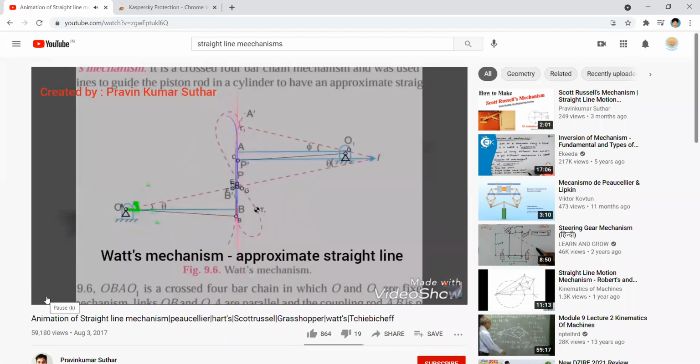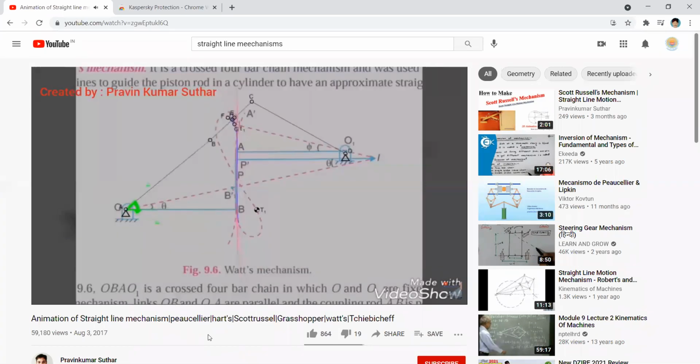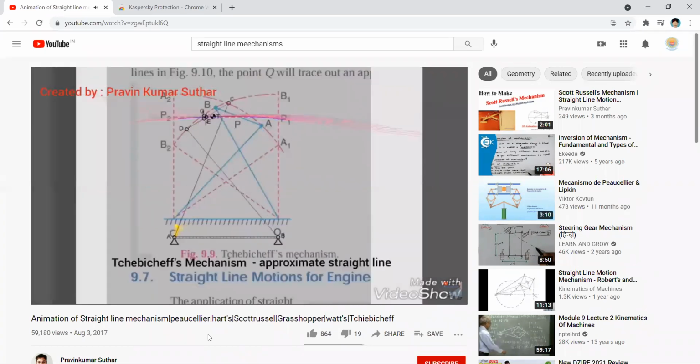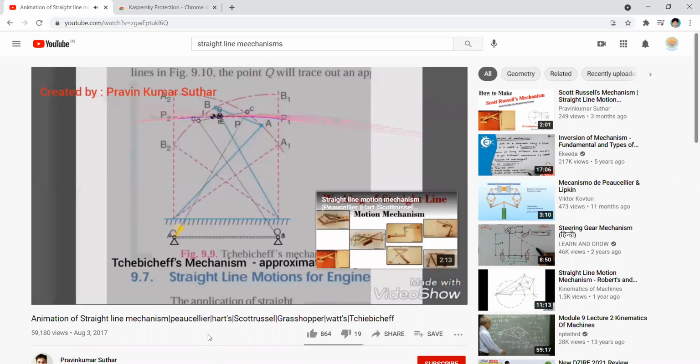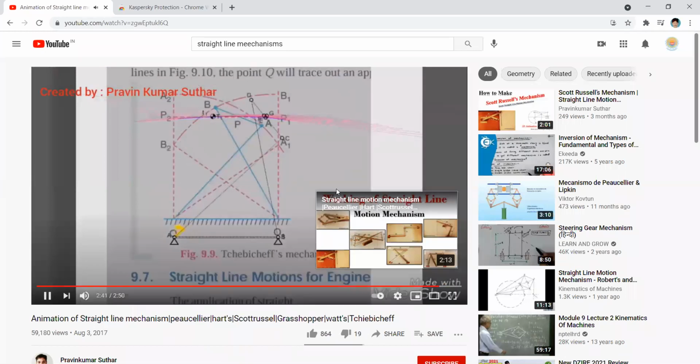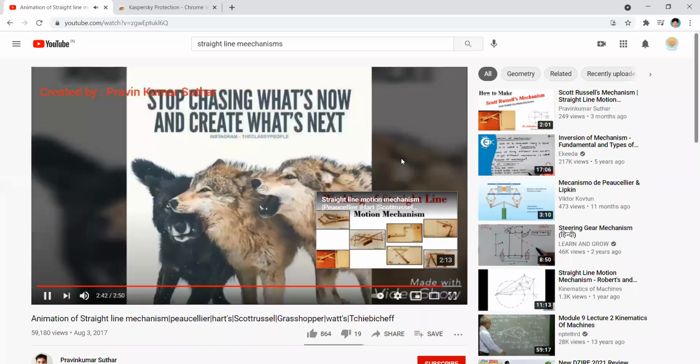And Watt's mechanism, approximate straight line motion is achieved here. And how we find our theta and phi values, how to achieve the theta and phi. Those are also seen here. And the Chebyshev mechanism, how the mechanism works.